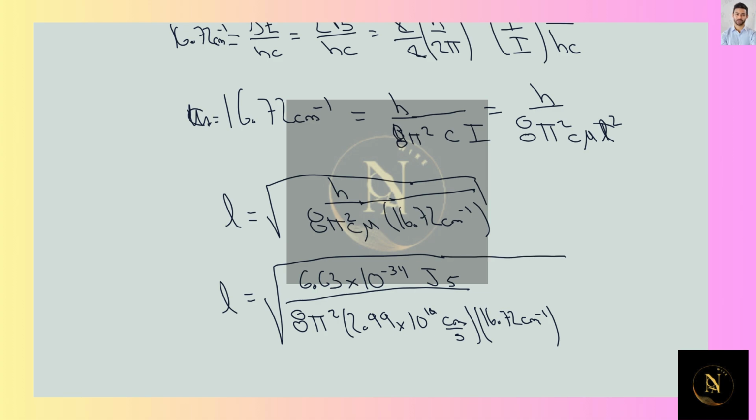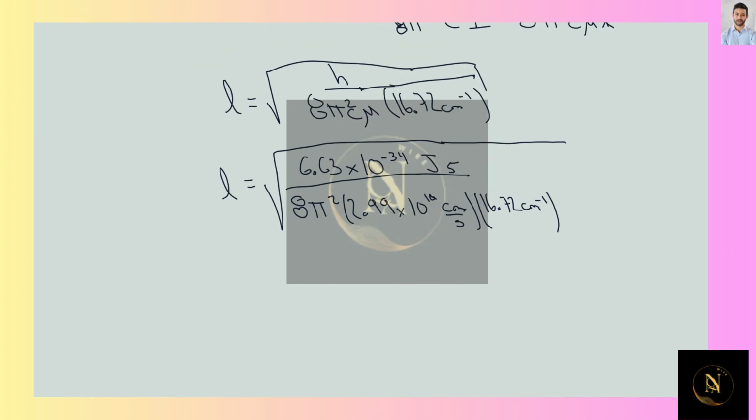And finally, we need the value for the reduced mass. And the reduced mass, we can calculate it. First of all, we can do the calculation in atomic units, and then we're going to transform that into kilograms. So the reduced mass, we said that was mass 1 times mass 2, so mass of hydrogen times mass of bromine divided by mass of hydrogen plus mass of bromine.